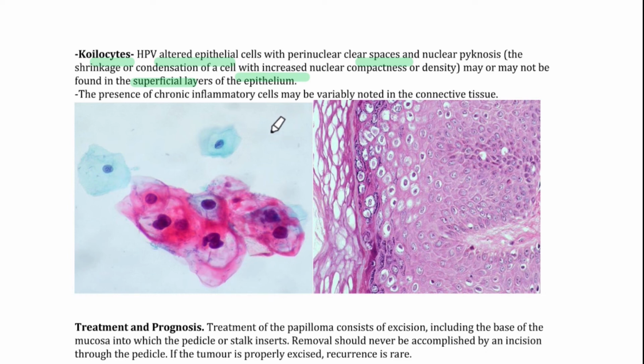These may or may not be found in the superficial layers of the epithelium. So here you can see the clear perinuclear space and the pyknotic nucleus. And these may sometimes be found in the superficial layer, sometimes not. The presence of chronic inflammatory cells may be variably noted in the connective tissue.